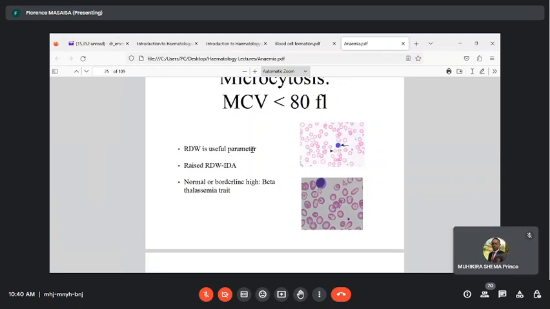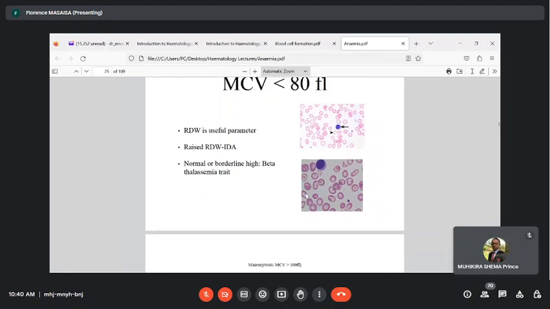You see the size is small and they are hypochromic, with less hemoglobin concentration. Then the second image is for thalassemia. In thalassemia, we see decreased size, but there is something we see in the center, called target cells. Those are the images with a point in the center, called target cells.